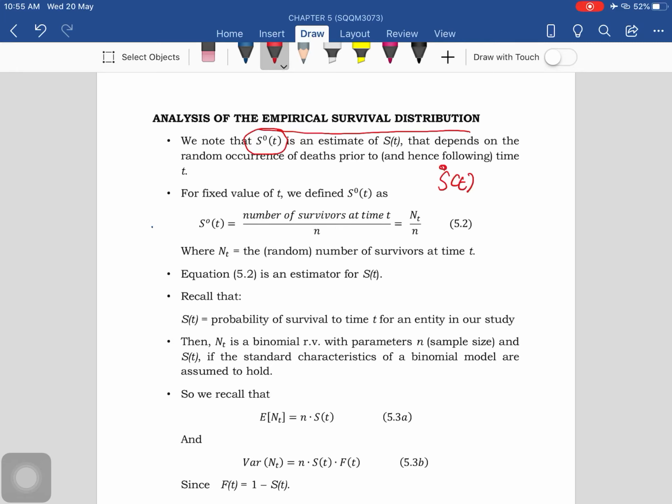It is the estimator for S(t), so we use the proportion. This is the formula: the number of survivors at time t, n_t, divided by n, where n is the sample size.